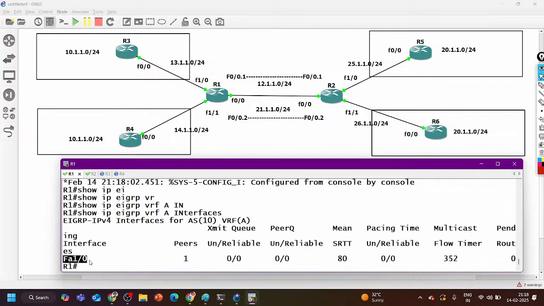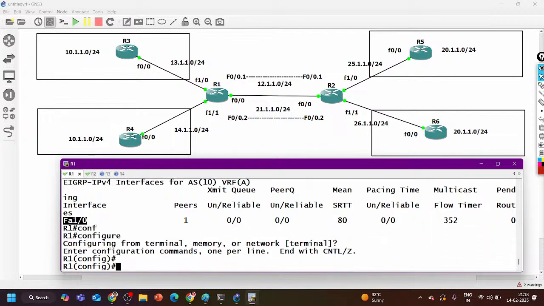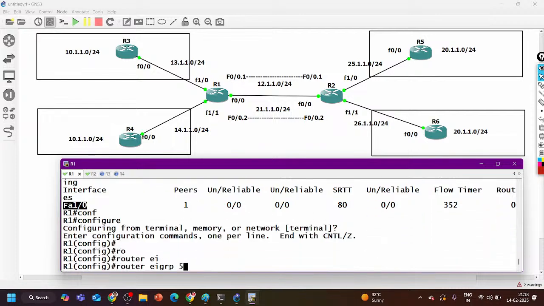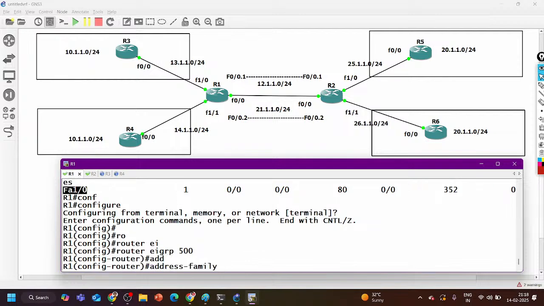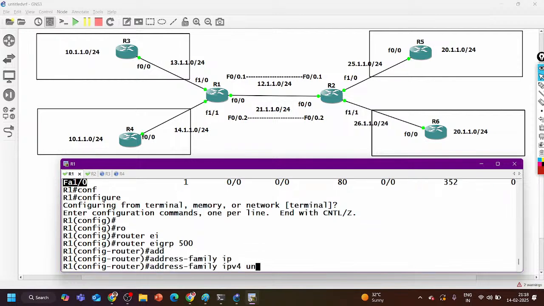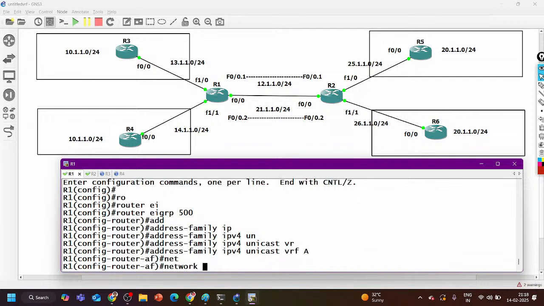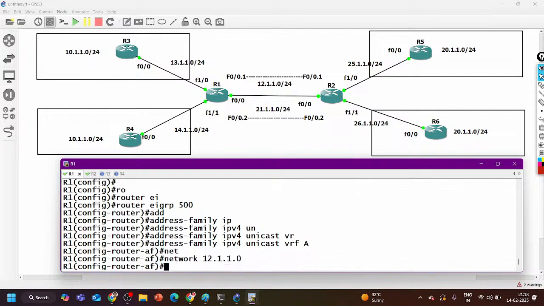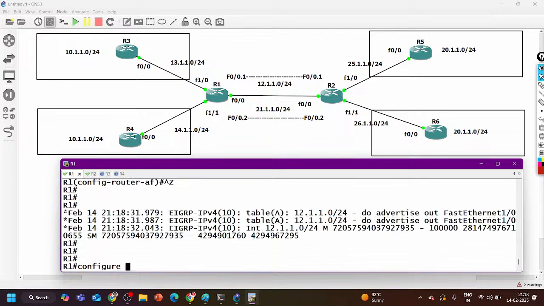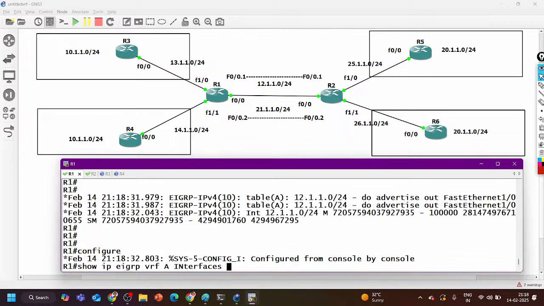EIGRP is only enabled on F1/0. Now we need to enable EIGRP on F0/0.1 also. So router EIGRP 500 and then address family IPv4 unicast VRF A, and here I am going to run network 12.1.1.0. This command will enable EIGRP on F0/0.1.